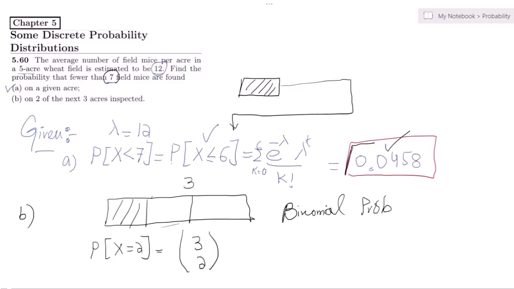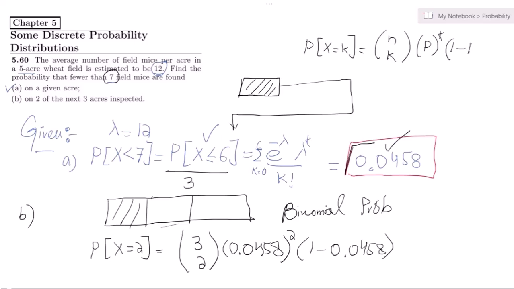So this is 0.0458 squared, because 2 should have this probability, and for the remaining one it is 1 minus 0.0458. This is 3 minus 2, which is 1. This is because we know that in binomial probability, the probability that x is equal to k is n choose k, p to the k, times 1 minus p to the n minus k.